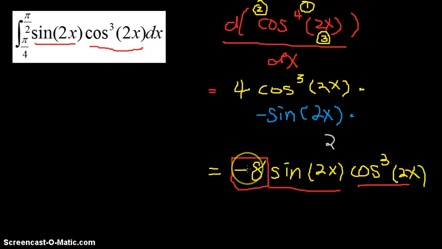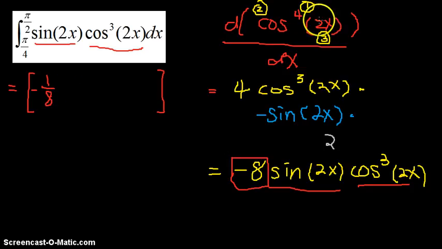But I can take care of the negative 8 easily. So the integral of that whole chunk is just negative 1 over 8, so that cancels out, and then sine 2x.